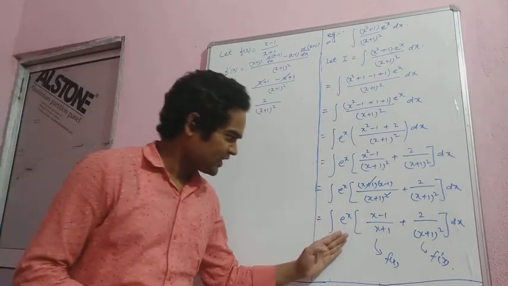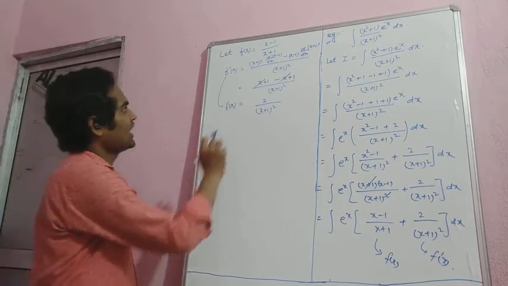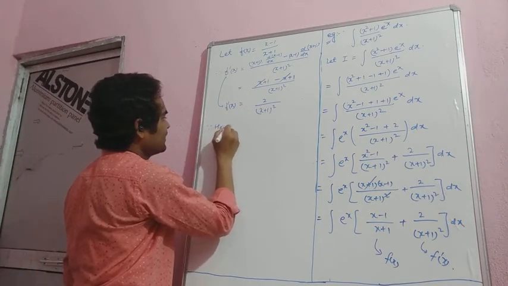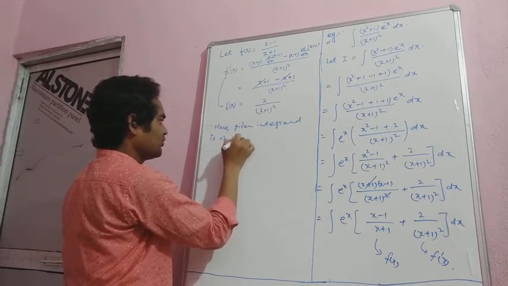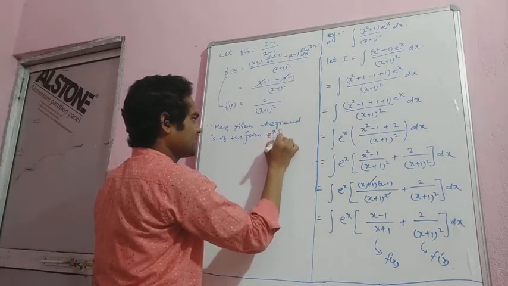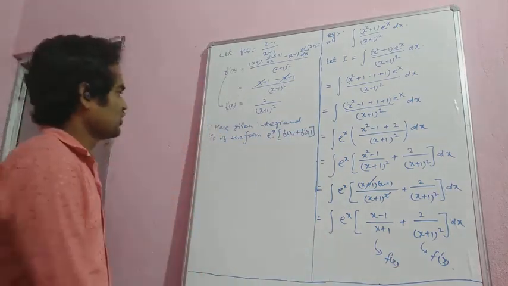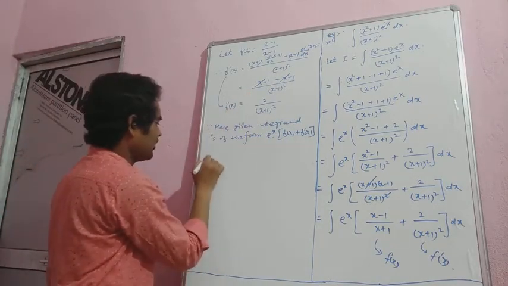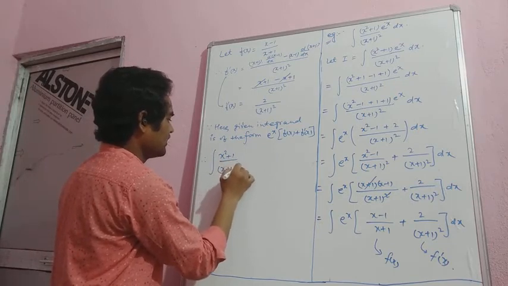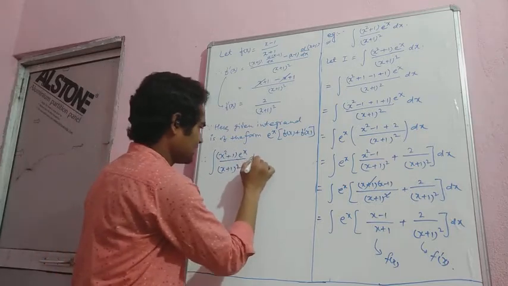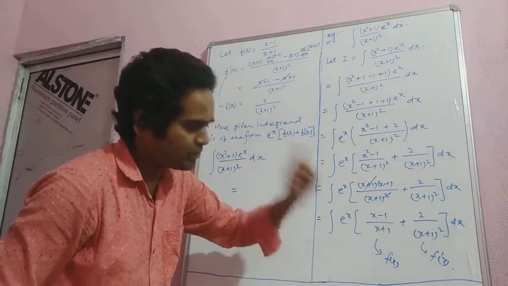So now here students, this expression is of the form e to the power x into the sum of the function and its derivative. Since the given integrand is of the form e to the power x into (f(x) plus f dash x), we can write directly the integral of (x square plus 1) upon (x plus 1) whole square into e to the power x dx is equal to e to the power x into f(x), and here f(x) is equal to (x minus 1) upon (x plus 1).